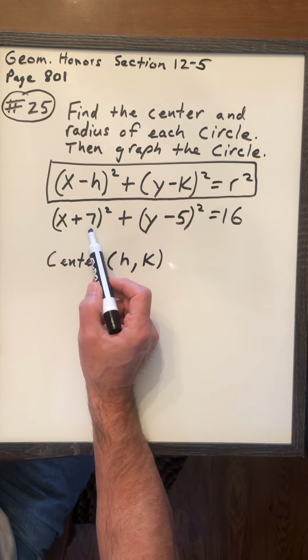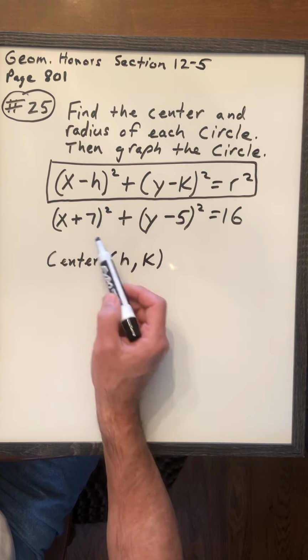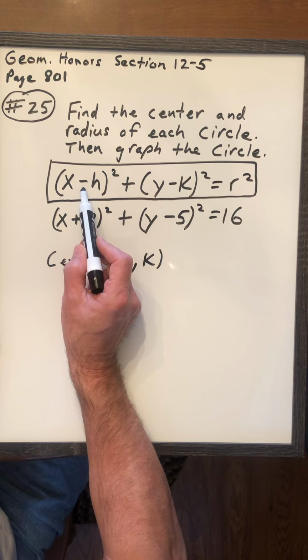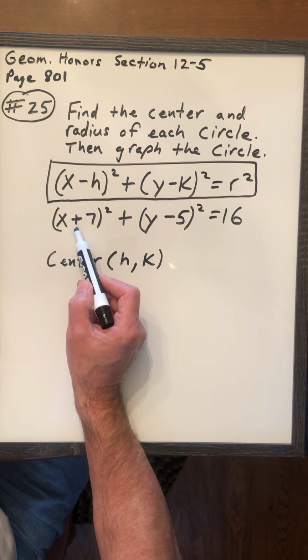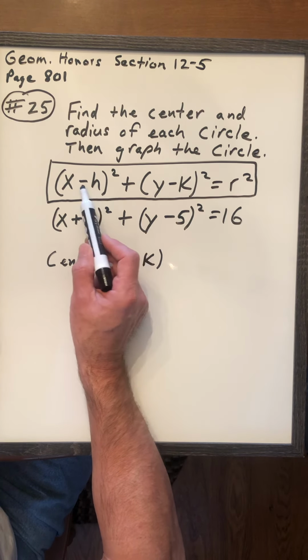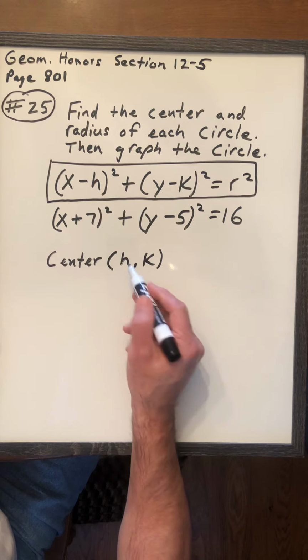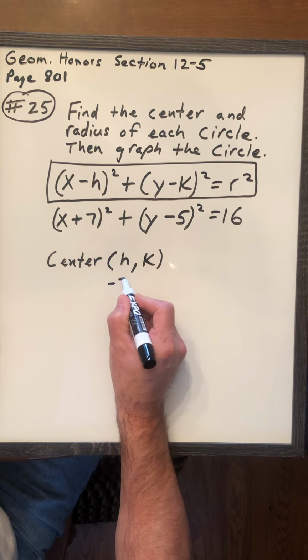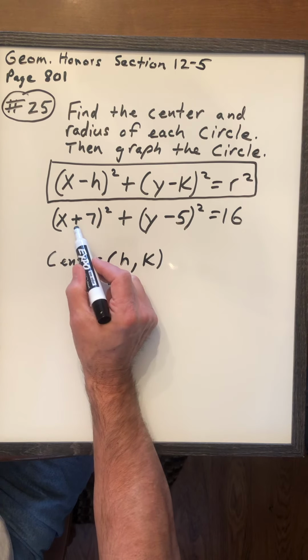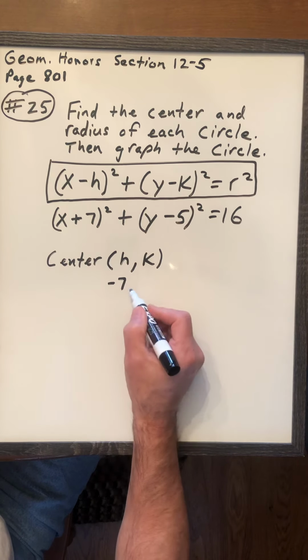Now, looking at this number here, it's not just going to be 7, because if you notice, in our standard equation, we have a minus sign. Here, it became plus. So in order for this to become a plus, they had to put in a negative 7. So it'd be minus a negative 7. So my h is going to be negative 7.